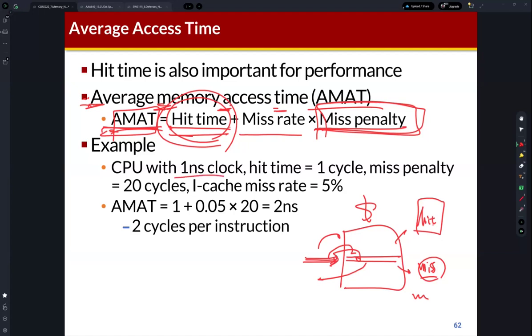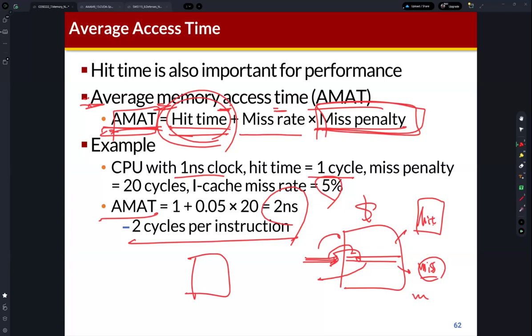So this is the example. The CPU has a clock of 1 nanosecond, the hit time is 1 cycle, the miss penalty is 20 cycles, and the miss rate is 5%. Then what is the AMAT? If we calculate the average memory access time, it's 2 nanoseconds, which means 2 cycles per instruction. So what does that mean?